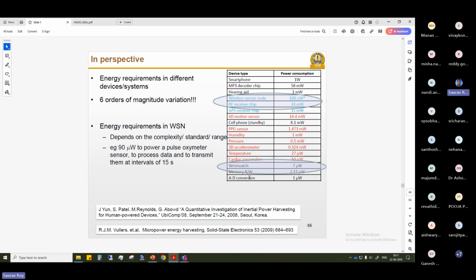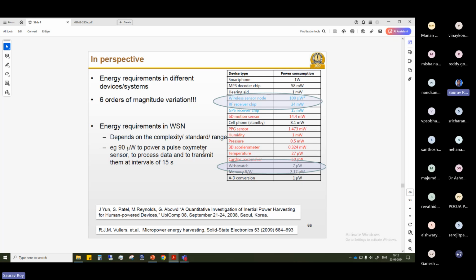At the bottom comes an analog to digital converter which can work even at a microwatt. Where this can be useful is a wireless sensor node. It requires around 100 microwatt, as do an RF receiver chip, a GPS chip, and a wristwatch. So you might need several microwatts.